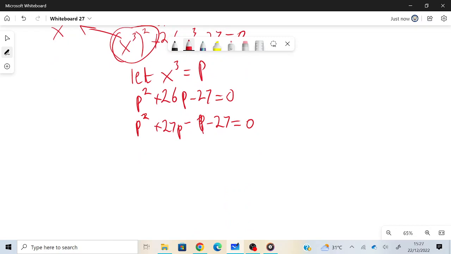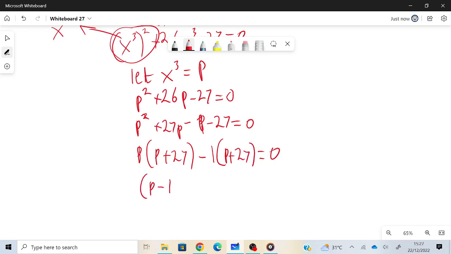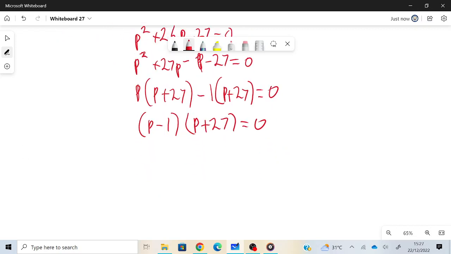We can rewrite this as p into p plus 27 minus 1 into p plus 27 equals 0. We can now write this as p minus 1 and p plus 27 equals 0. So we have p is 1 or p is equal to minus 27.